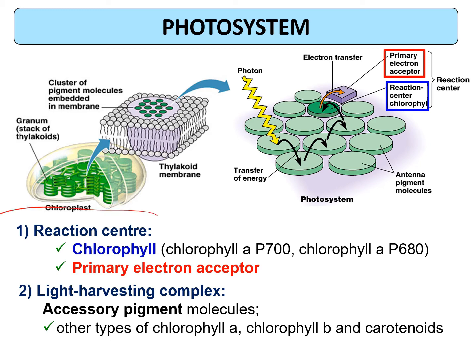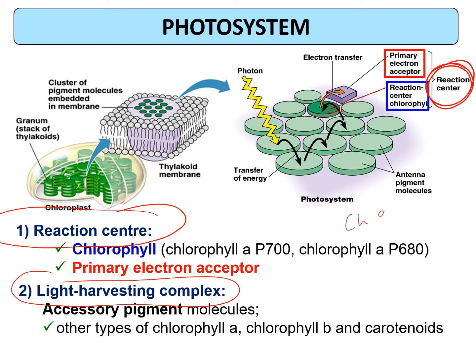The reaction center is composed of the primary electron acceptor and the reaction center chlorophyll itself. This is why we say chlorophyll A is the main photosynthetic pigment, the primary photosynthetic pigment.